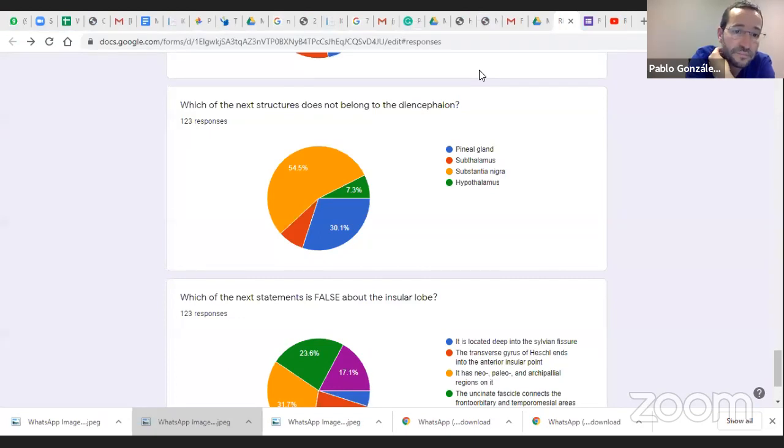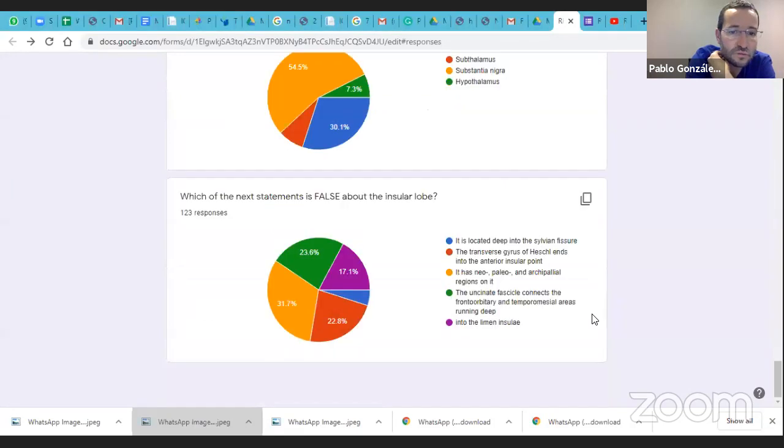So you were good. And which of the following statements is false about the insular lobe? I can see some interesting findings here. It is located deep in the Sylvian fissure. This is true, obviously. The transverse gyrus of Heschl ends in the anterior insular point. This is false. It ends, or starts, mainly ends, in the posterior insular point, which is the junction of the superior and inferior peri-insular sulci.